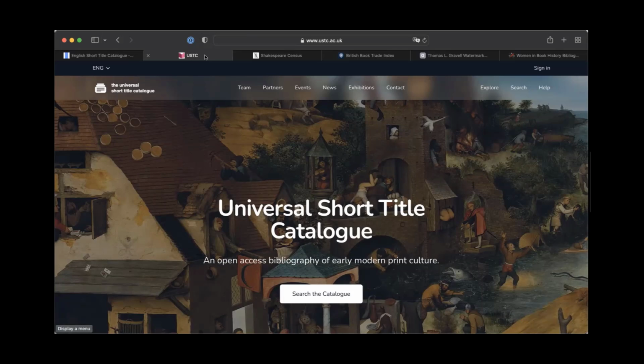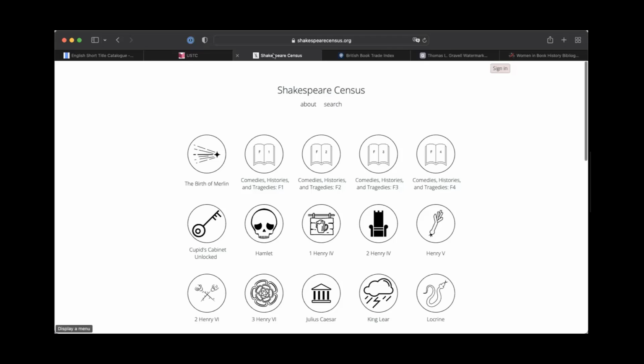Now, if you're looking for something a bit more specialized, there are sites for that too. For example, the Shakespeare Census Project is bringing together all known copies of Shakespeare's texts from the earliest quartos through 1700. Like the more general union catalogs, this site will tell you where those copies can be found, and they've even got links to digital surrogates where applicable.